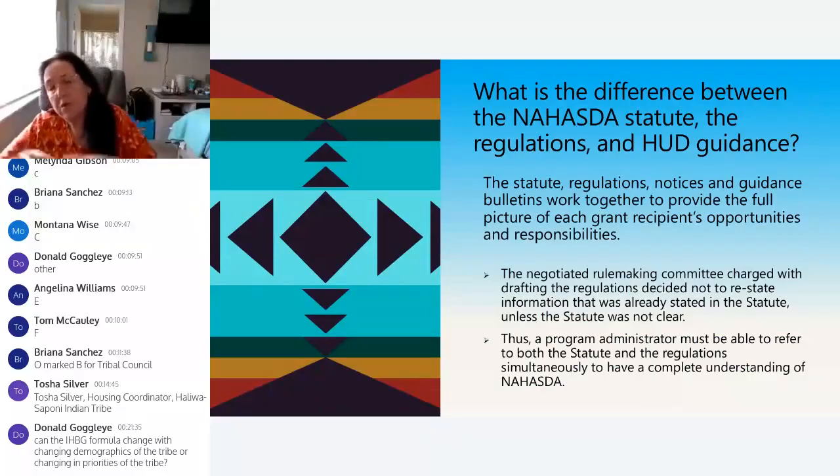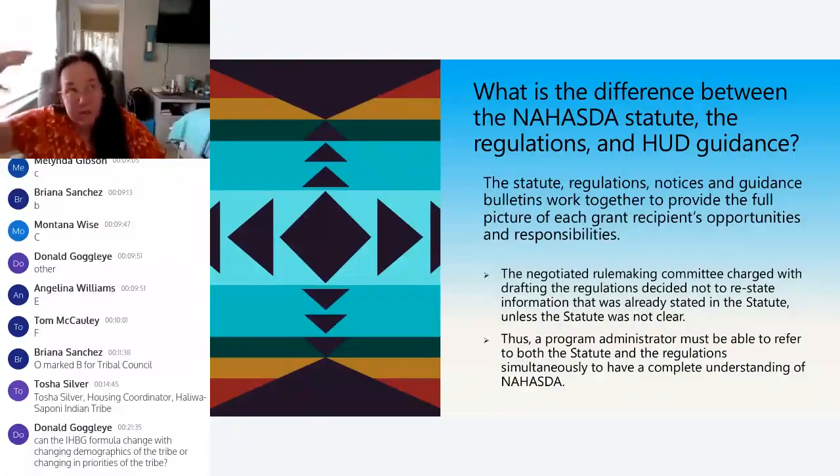So the negotiated rulemaking, like I said, that was charged with drafting those regulations, decided they would not restate any information already talked about or stated in the statute unless they found that statute was not clear. So as a program administrator or an employee of a housing entity, you have to be able to refer first of all to the statute and then to the regulations.